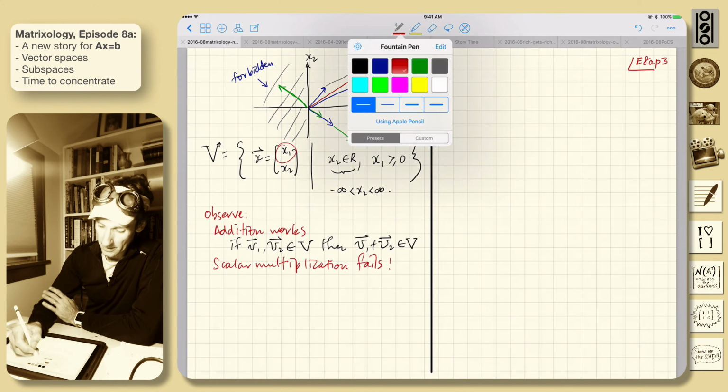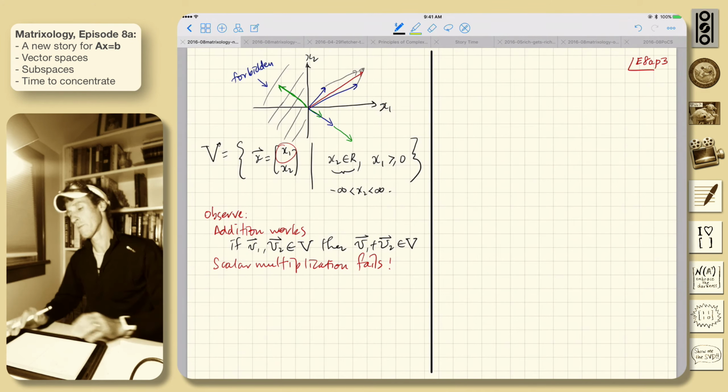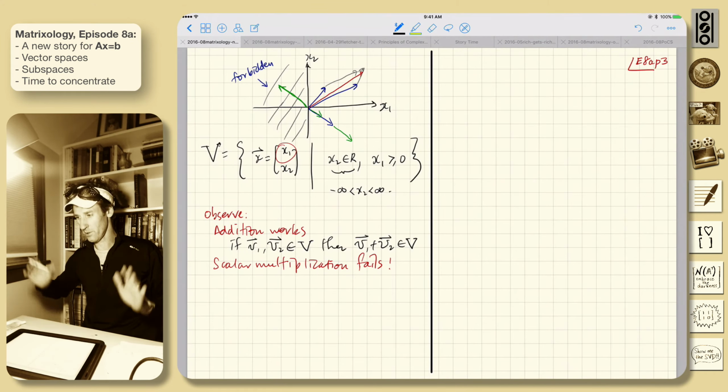If you want to show that something doesn't work, as is usually the case with math, you just have to show one example. If it doesn't work universally, you just have to show one example. So minus 3 times (1, 1). This is a good vector. It's in the positive right half plane. It equals (minus 3, minus 3).